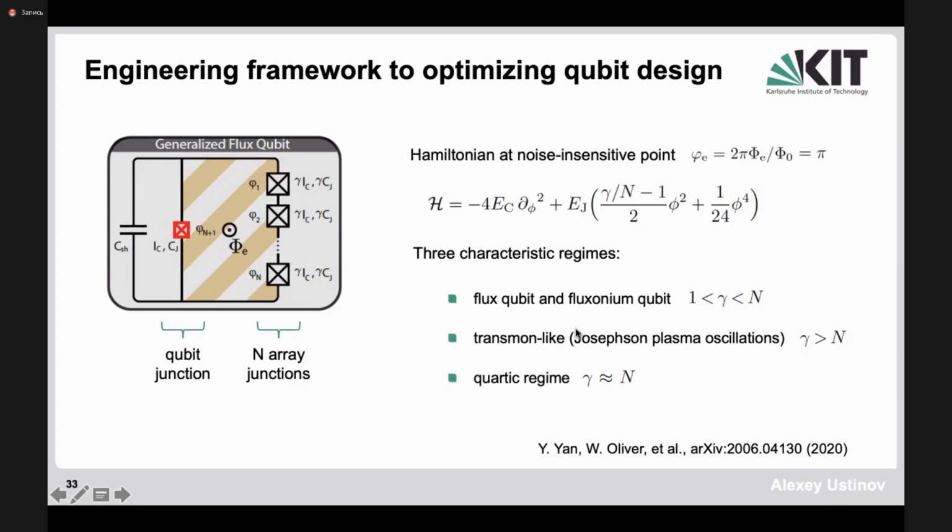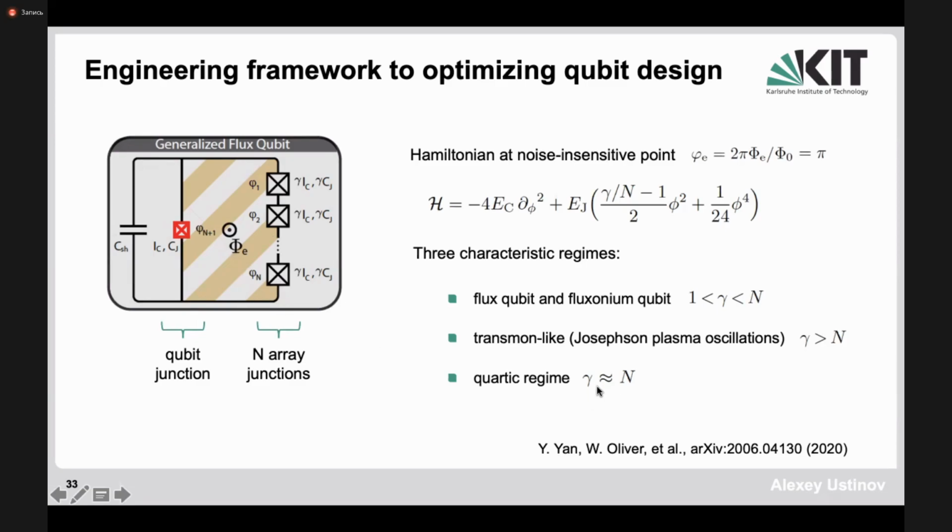So you have the fluxonium qubit if this factor gamma is smaller than n, but larger than 1. You are in the limit of the transmon qubit and make Josephson plasma-like oscillations if this factor gamma is larger than n, the number of junctions.